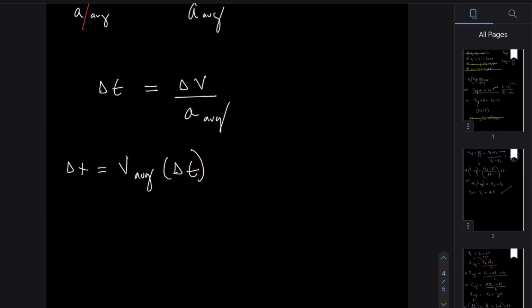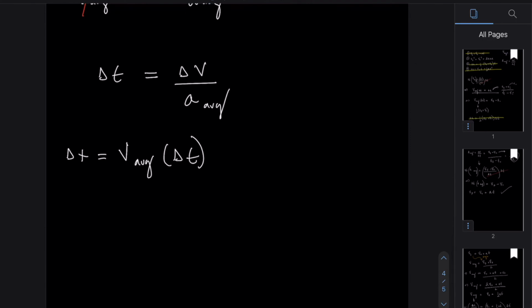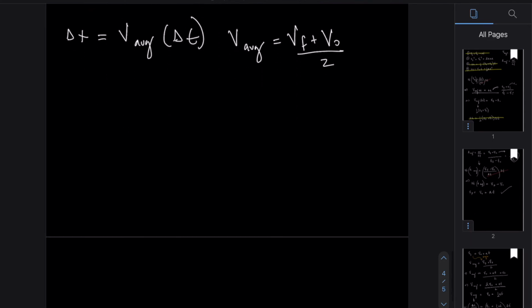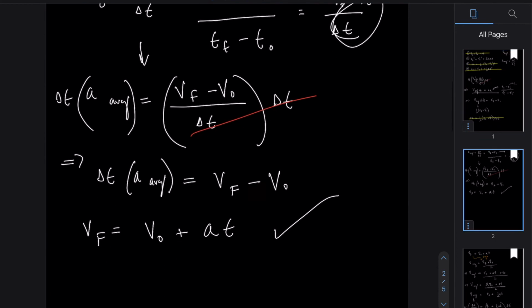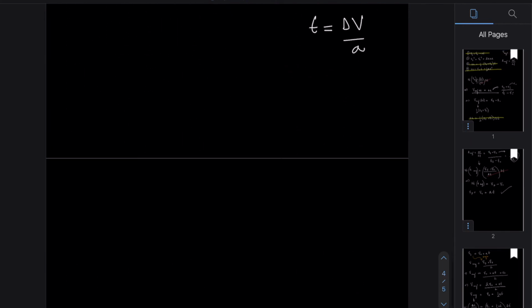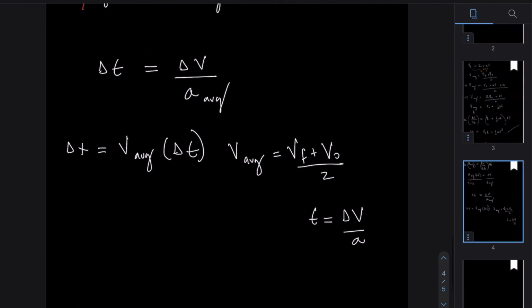Second thing I want to keep in mind is that the average velocity is equal to v final plus v initial over 2. Last thing I want to keep in mind is that time is equal to delta v over a, right? And that is what we solved right here, right? That's the last thing we solved.